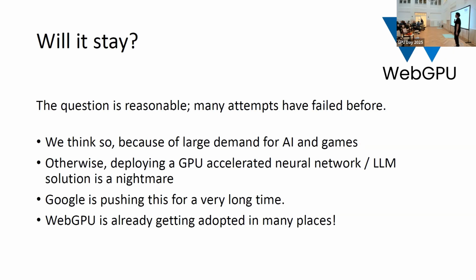So will it stay? As I mentioned, there were many attempts before, many different working groups tried to push compute to the web or other advancements, and they have failed before. It looks like this one will stay. There is quite a big industry push behind it because of AI and games, and really deploying some neural network or large language model to be run inside the browser is quite challenging because the underlying technologies are not modern enough and not working that well, and WebGPU is going to solve that.